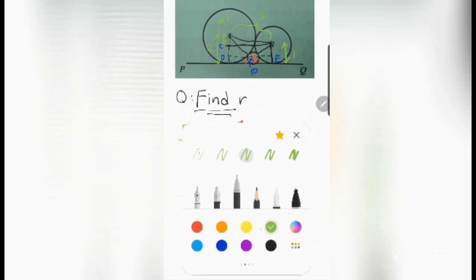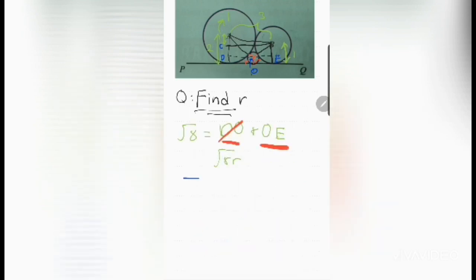Let's find OE. We can obtain OE by the same method, which is the Pythagoras theorem. The equation will be OE equals the square root of BO squared minus BE squared, because it is also a right angle triangle.